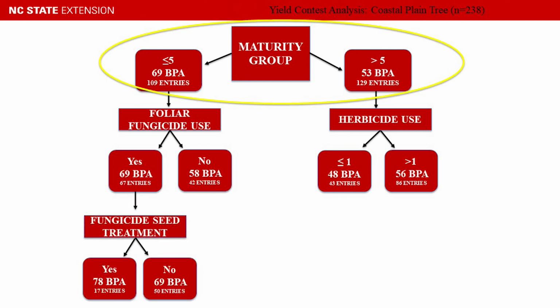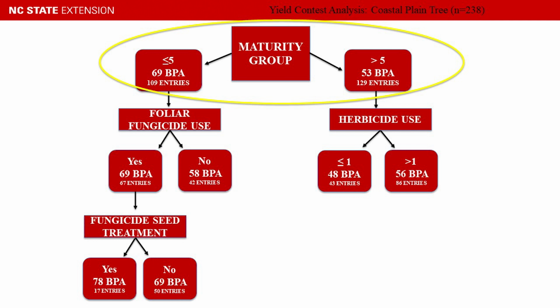You might remember in that analysis we also did some regional analyses, and there are some differences between what we saw across the state. So I'm showing you the coastal plain data here. This is 238 entries out of the coastal plain across that time period. Slightly shifted later maturity groups.